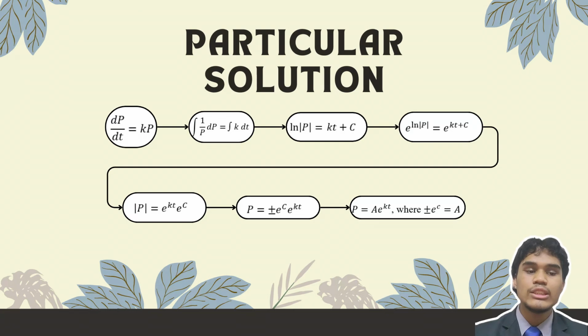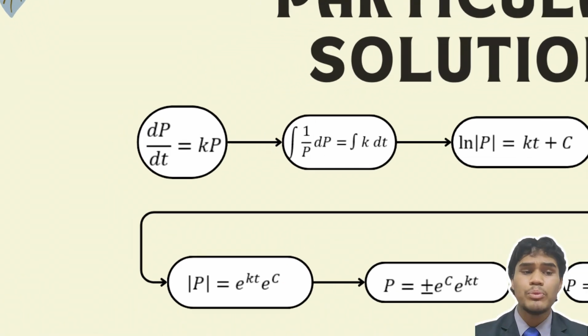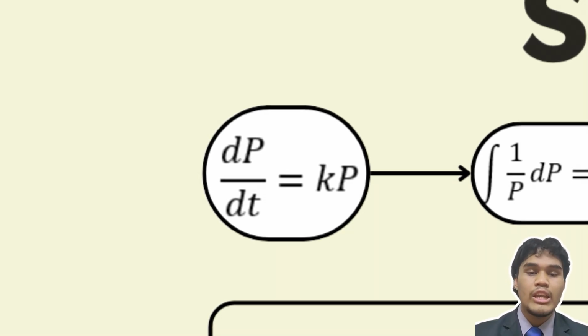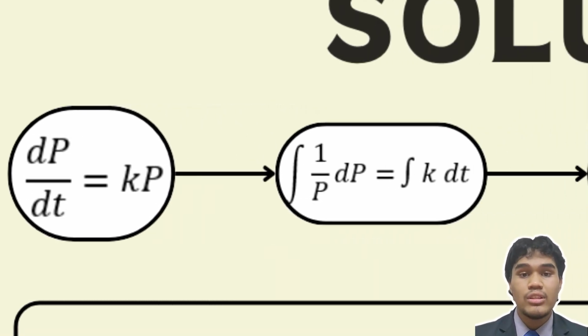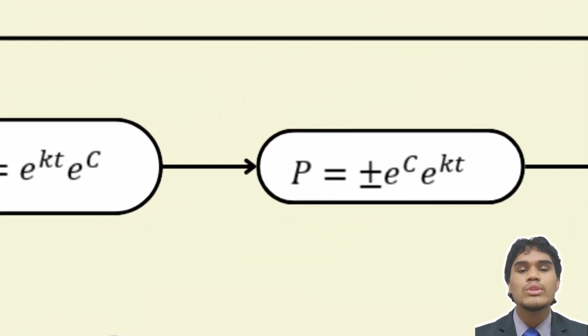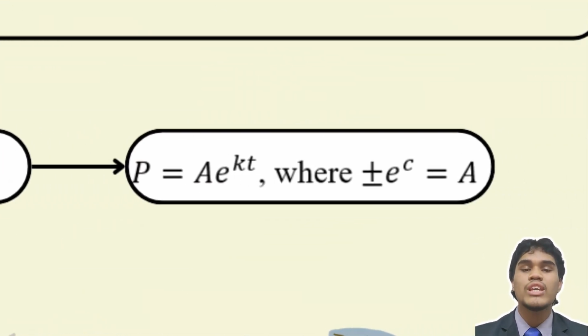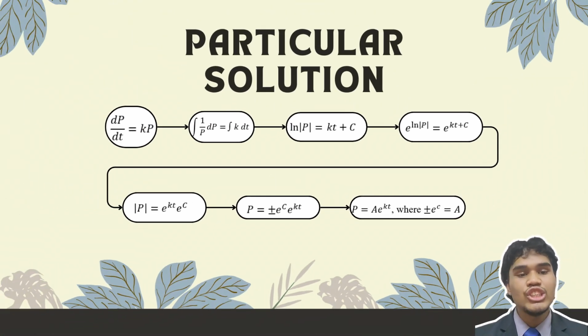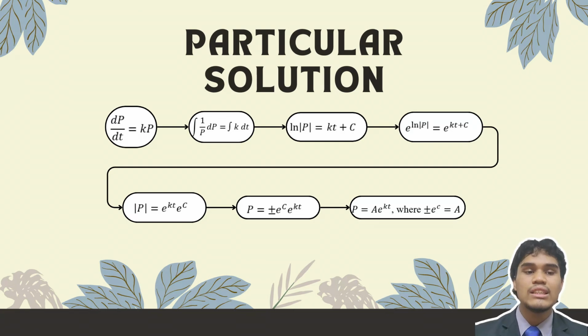First, let's assume that the population follows exponential decay, which is dP/dt = kP. Using the separable method for the differential equation and solving this, we get P = A e^(kt), where A is the initial population and k is the decay rate.